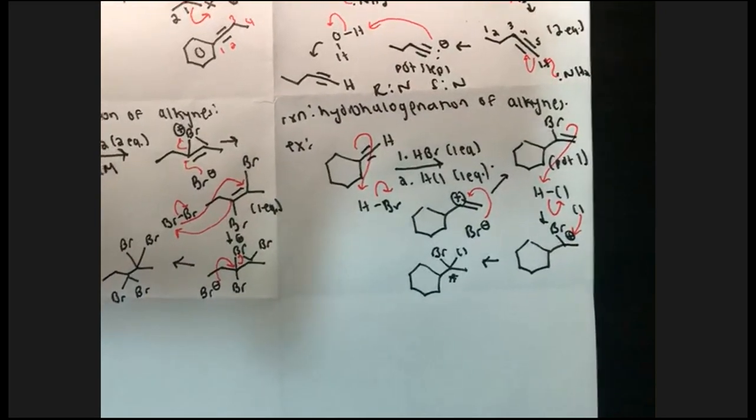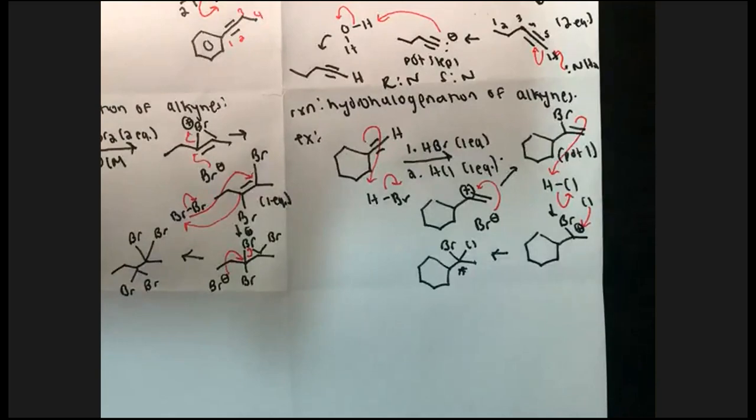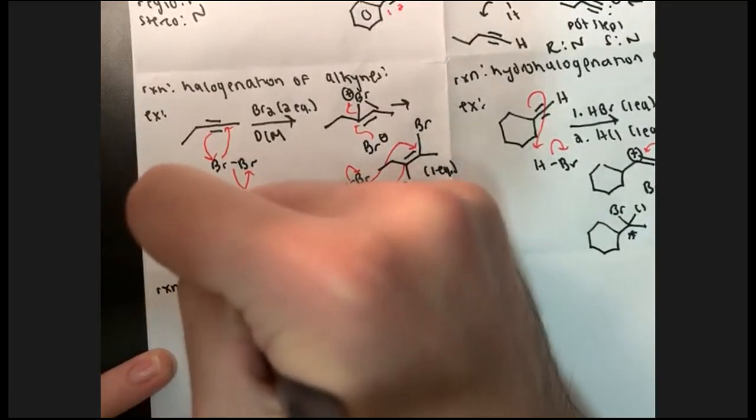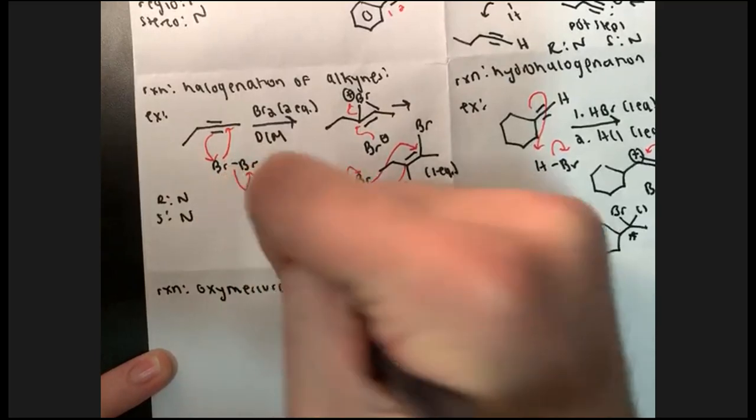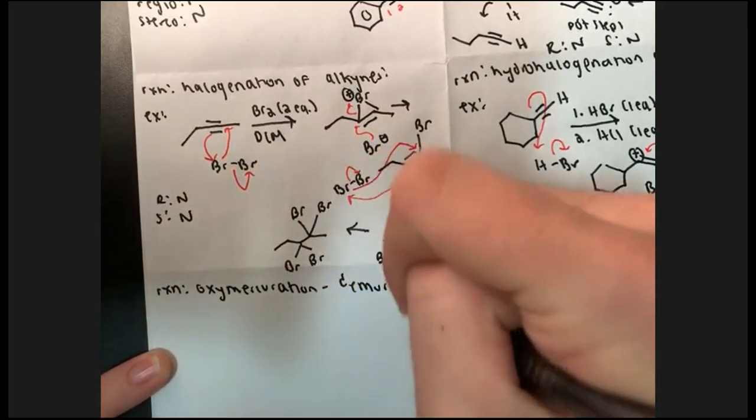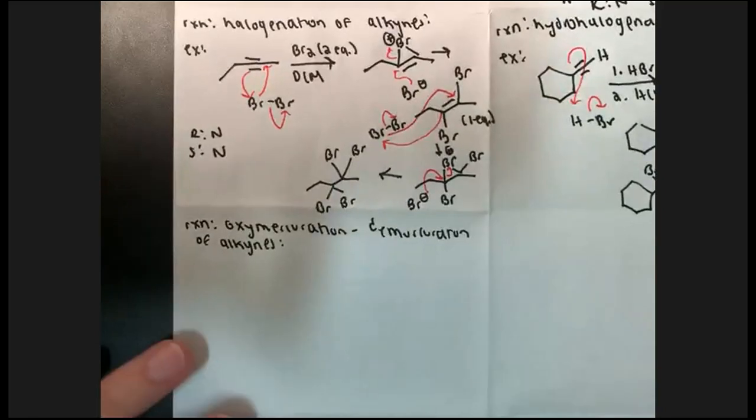Okay, so consider that. Okay, so we have 3 more reactions left. Okay, so next, this is information overload. It's oxymercuration, demercuration of alkynes. Okay, oxymercuration, demercuration of alkynes.